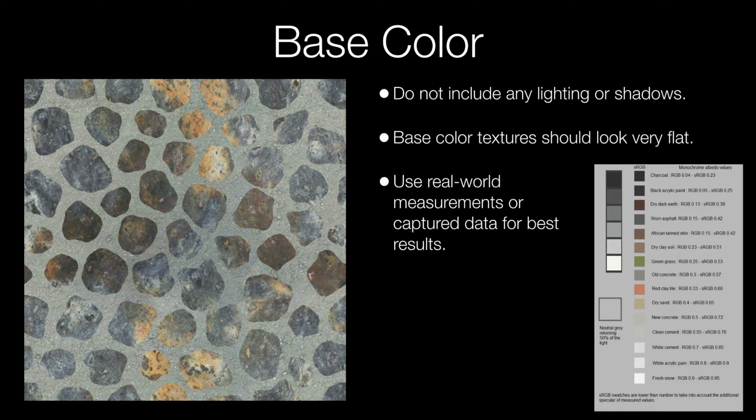They're actually pretty boring. And if you want to get the best results from a base texture, you should really try to go out and measure the thing that you're trying to recreate in your computer model. There's a device called Color Monkey that's kind of like a scanner, but it only scans one pixel.